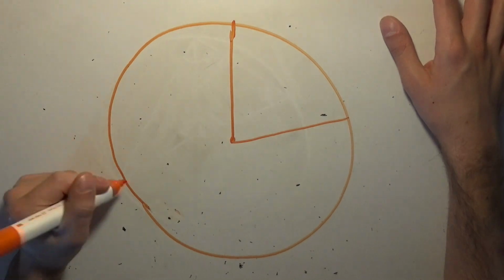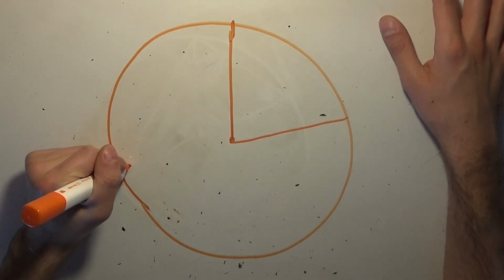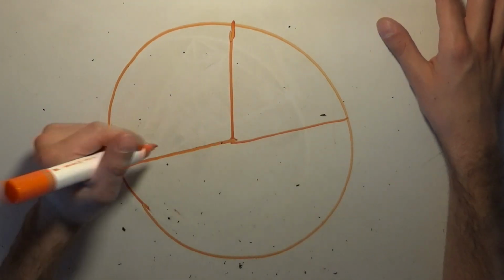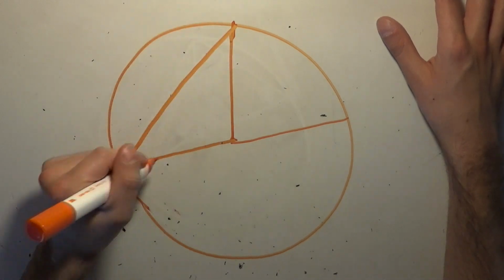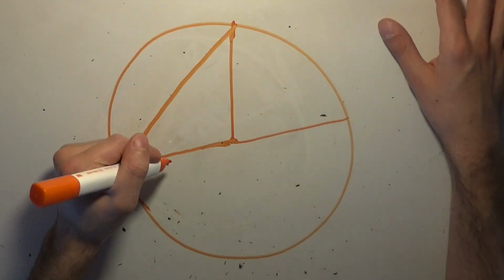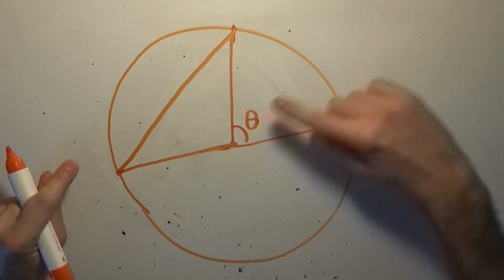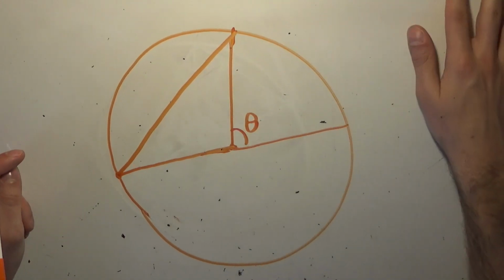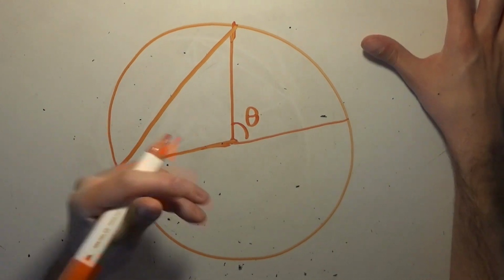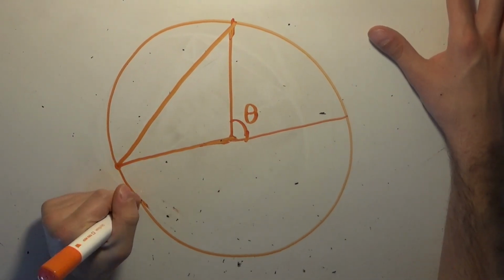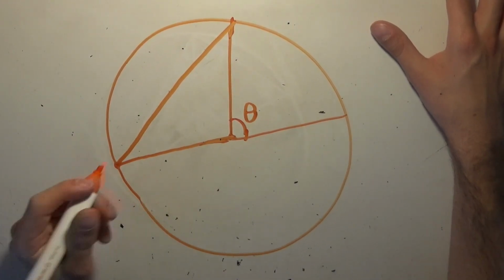The first case is when the inscribed angle that we pick has a ray that lands on the ray of the central angle as well. So one of the rays of the inscribed angle is actually a diameter of the circle. We know that this is theta, and we want to prove that this is theta over 2. In this video I'm going to assume that the angles inside of a triangle add up to pi radians.